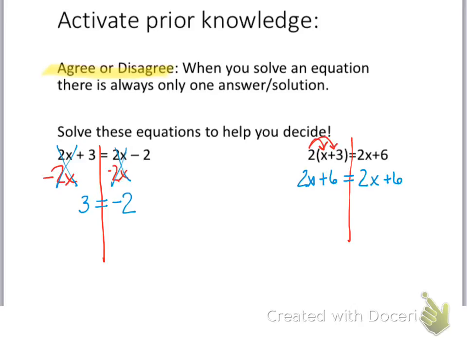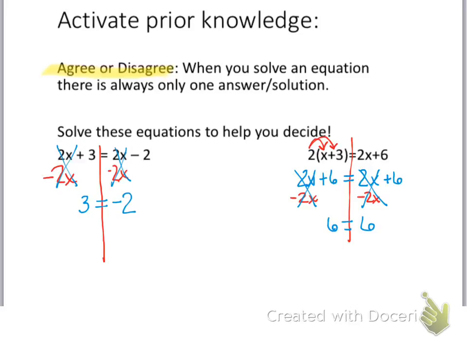Now I need to combine like terms, or move all variables to one side, so I'm going to subtract 2x from both sides. 2x minus 2x is 0. I'm left with only 6 equals 6. The variables have disappeared. What kind of a solution is that?